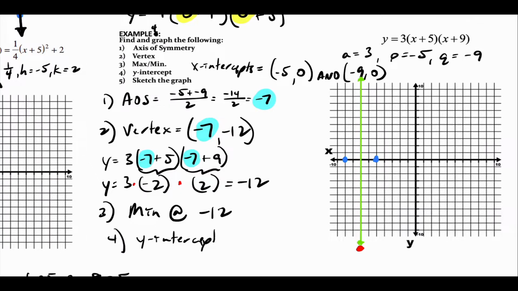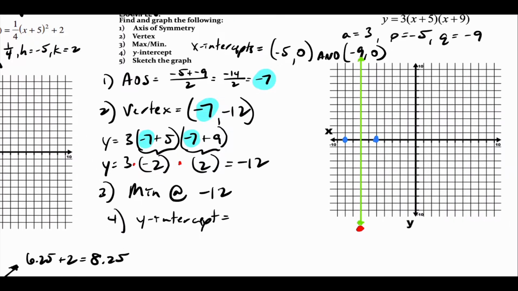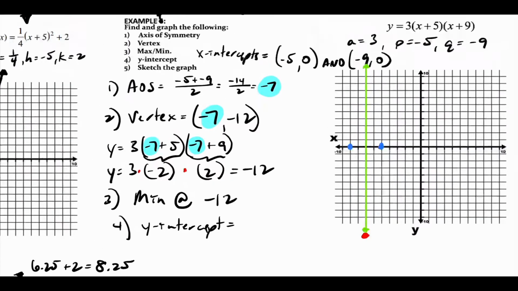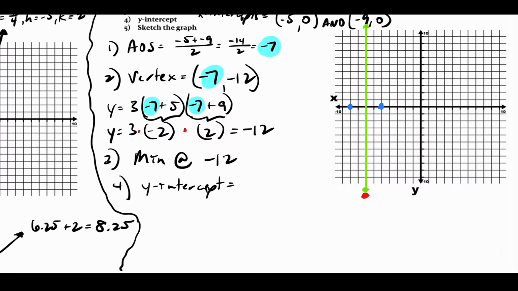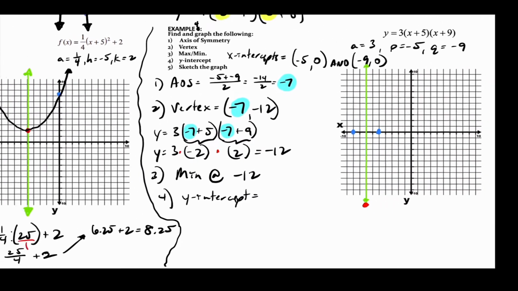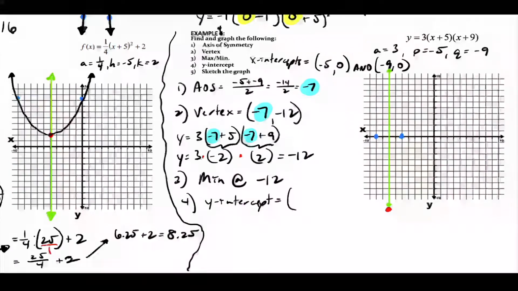And the last thing is the y-intercept. The y-intercept always starts 0, comma, something. And then I'm going to plug in 0 to the original.